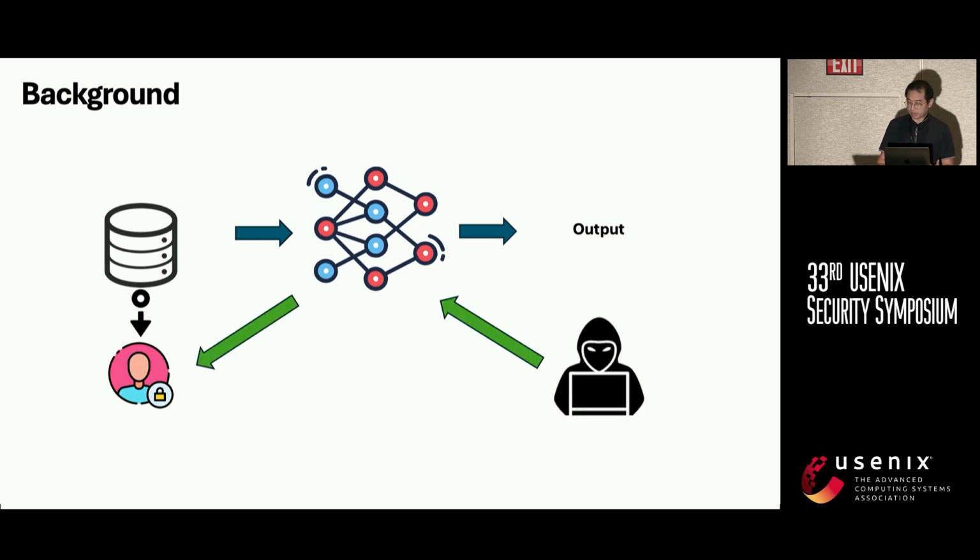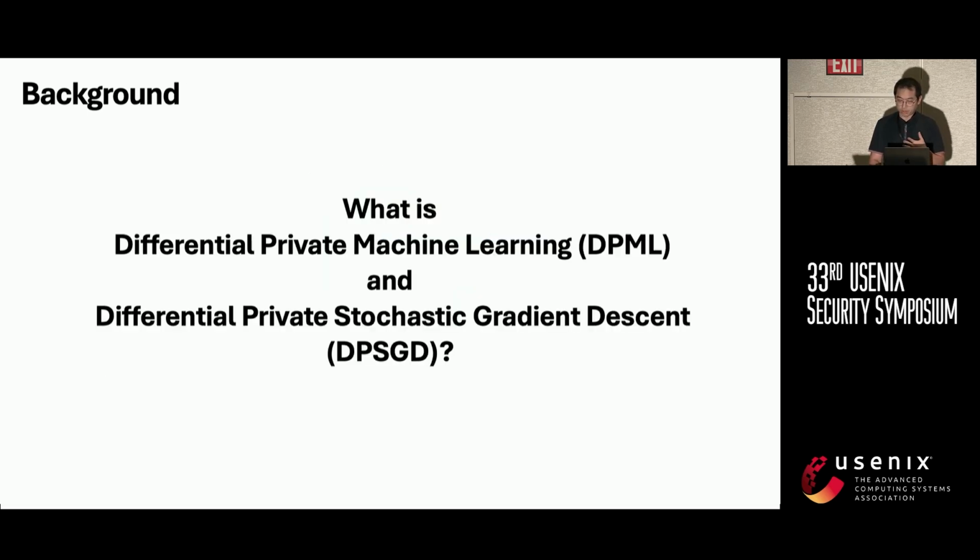So without implementing robust privacy protections, there exists a significant risk that an attacker could extract this information from the model parameters. In an effort to safeguard training data, previous work has focused on differentially private machine learning, DPML, as a means to address this challenge.